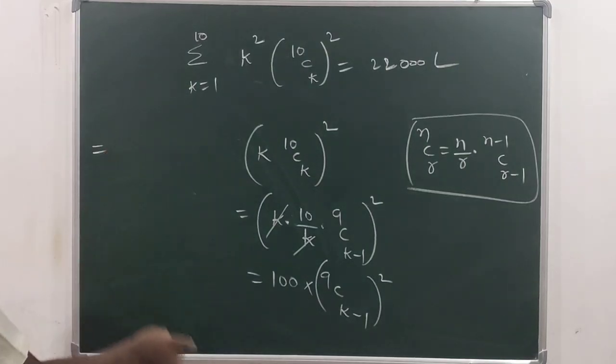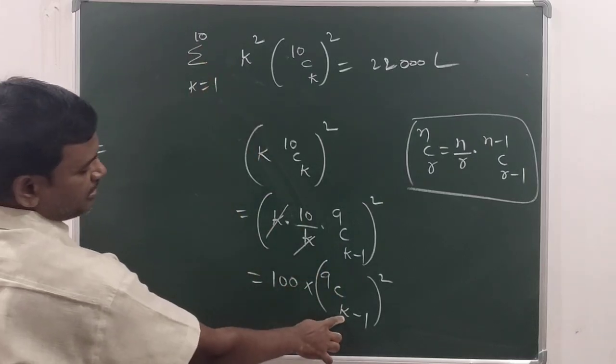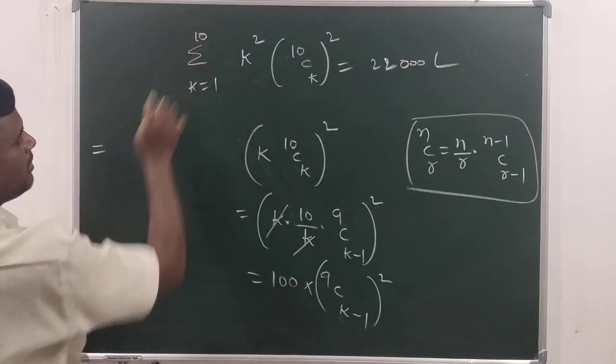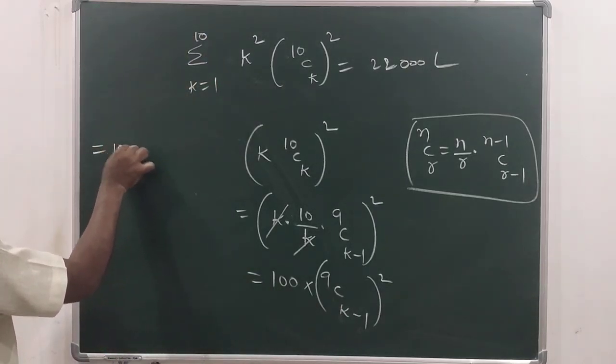See here. K is running from where to where? 1 to 9 here. 9C k minus 1 you got. You cannot take 10 here, so you have to take up to 9. So here 100.